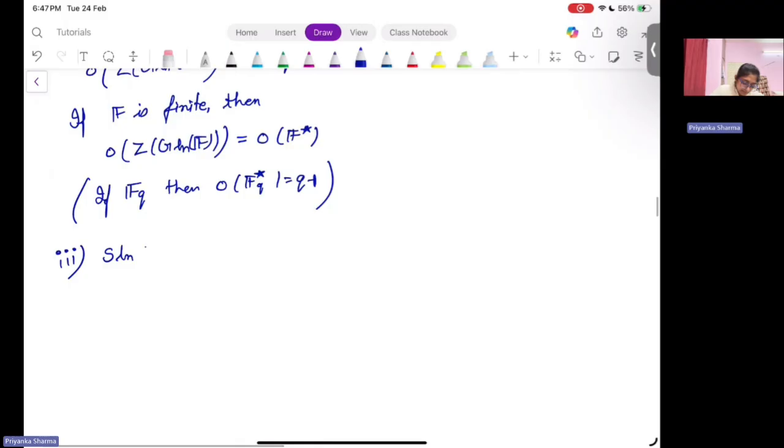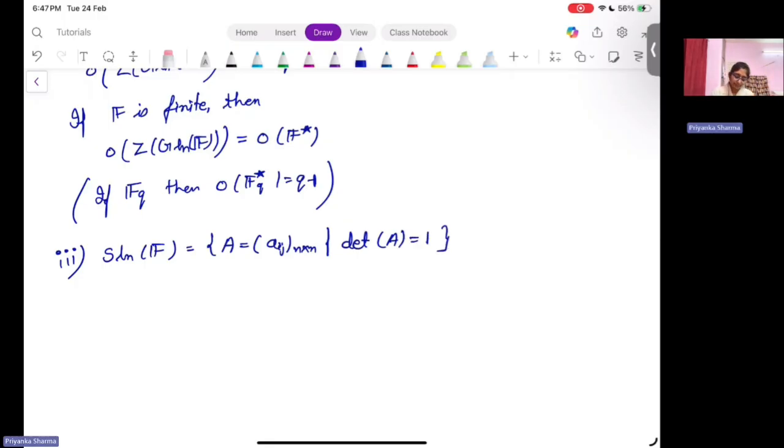So what is SL_n(F)? This is the set of all matrices A of order n by n such that determinant of A is 1.